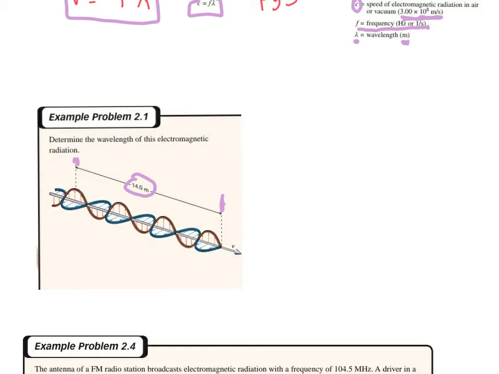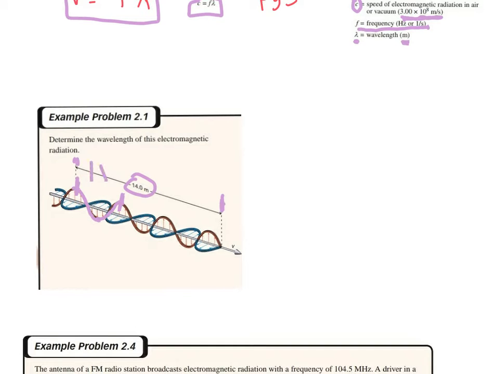Up top here, we have our crests of the wave. Down here, we have the troughs of the wave. One wavelength will be from here, and then we would travel down this wave, and then we would go up to the exact same point right there.